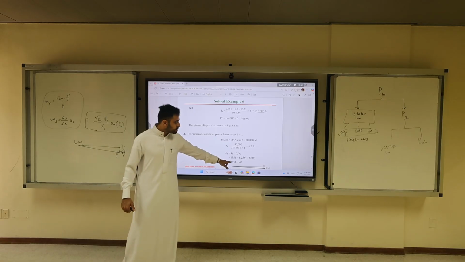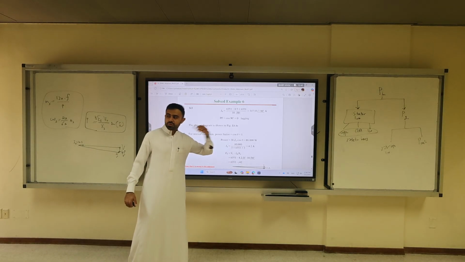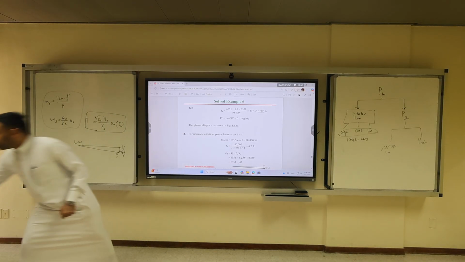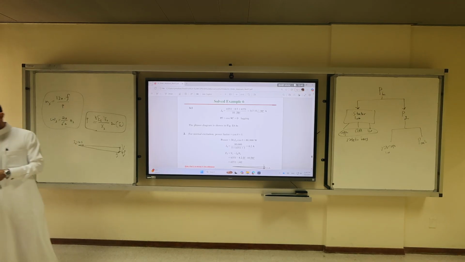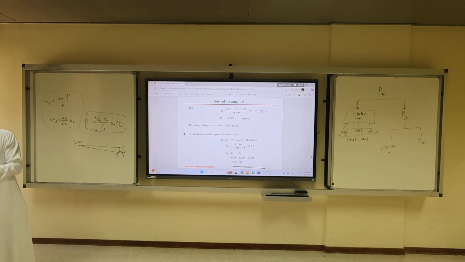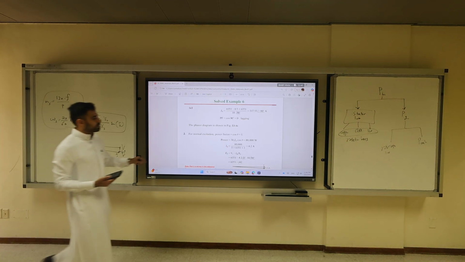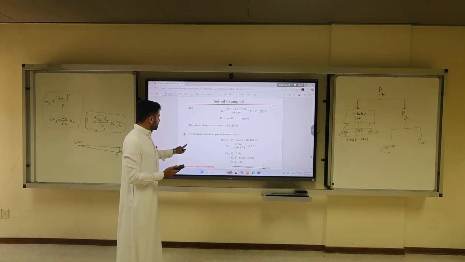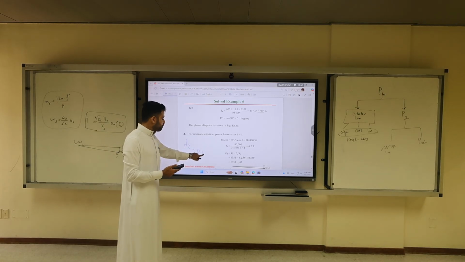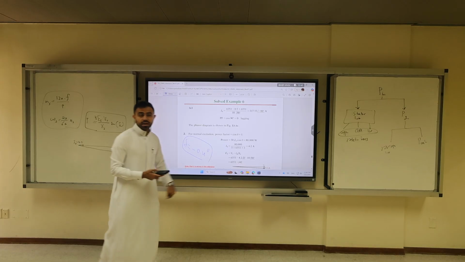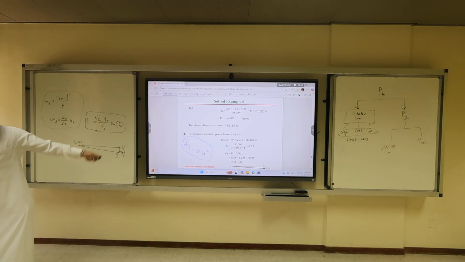This is EF, which is 6351 minus j4.2. If you convert to magnitude and angle, it's going to be 6351 at minus 42j, so your torque angle delta is minus 0.4 degrees. Clear? That's very small.